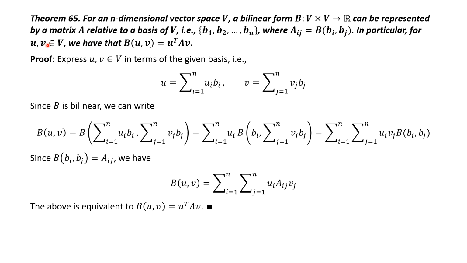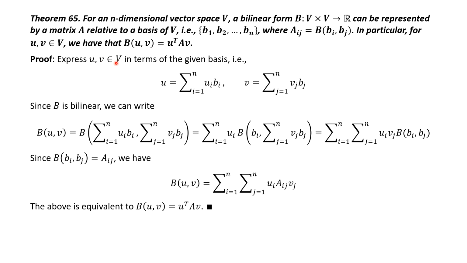In particular, for u and v in vector space V, we have that the bilinear transformation evaluated at u, v is the transpose of u, which is a row vector, times A times v, which is a column vector.